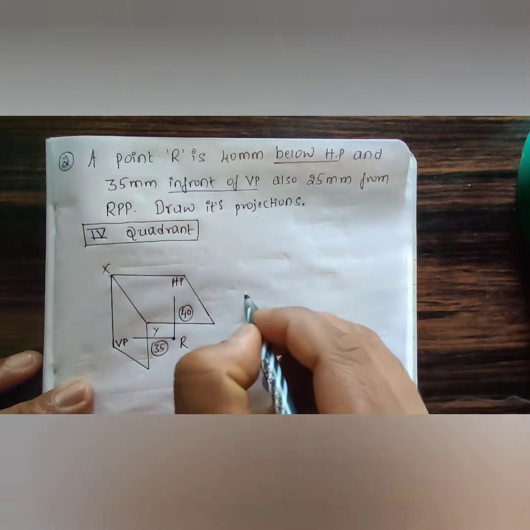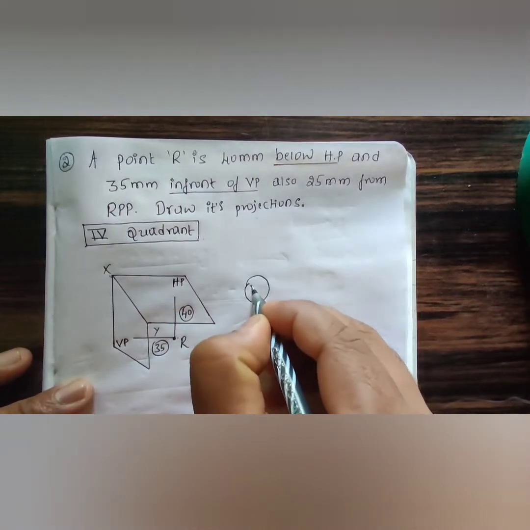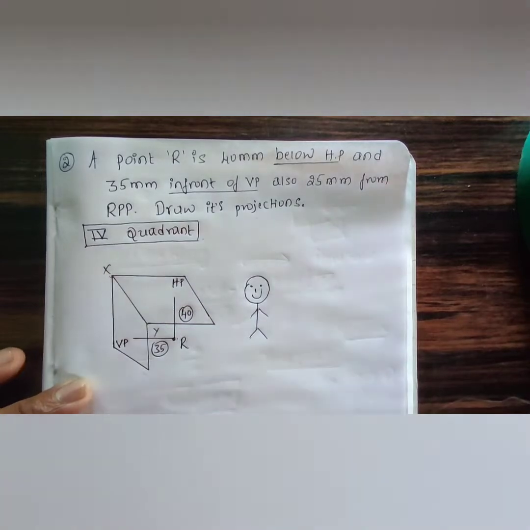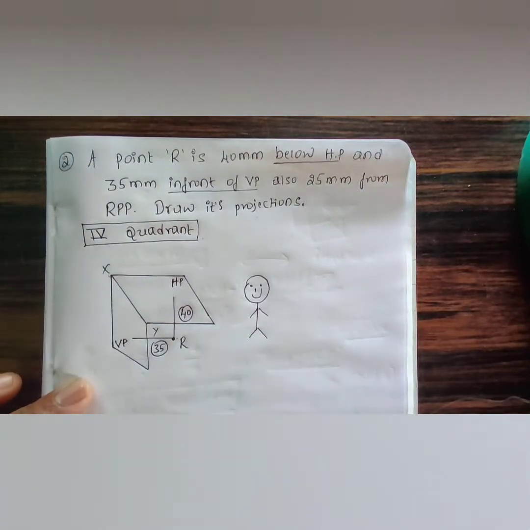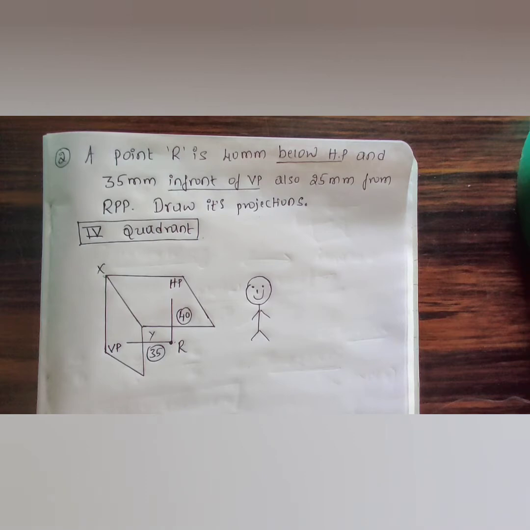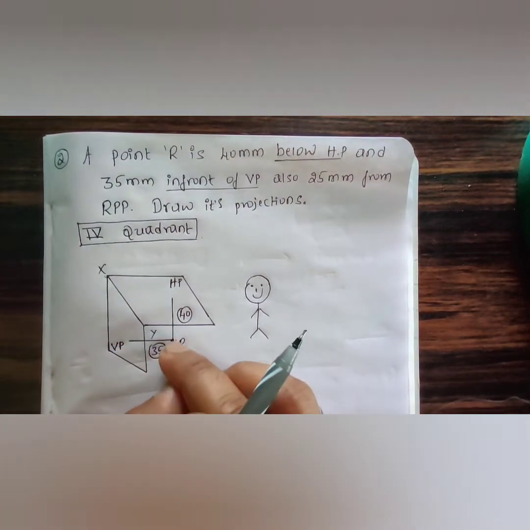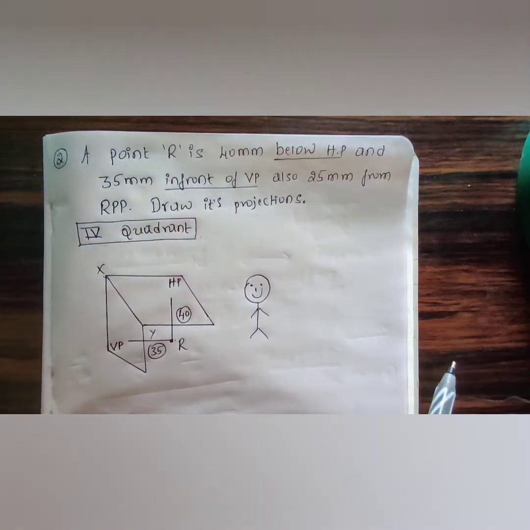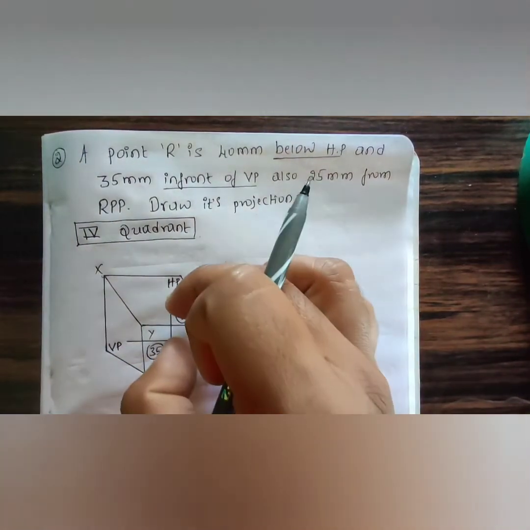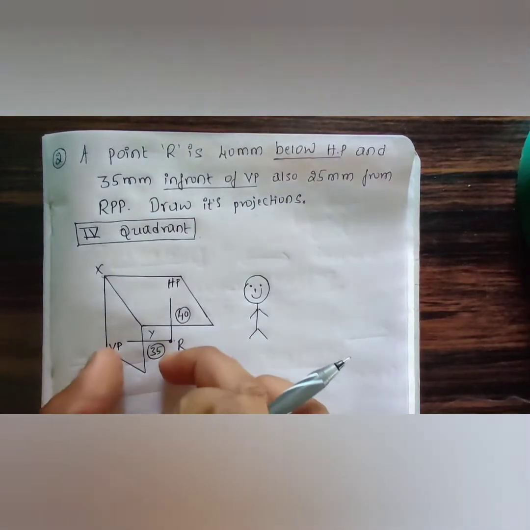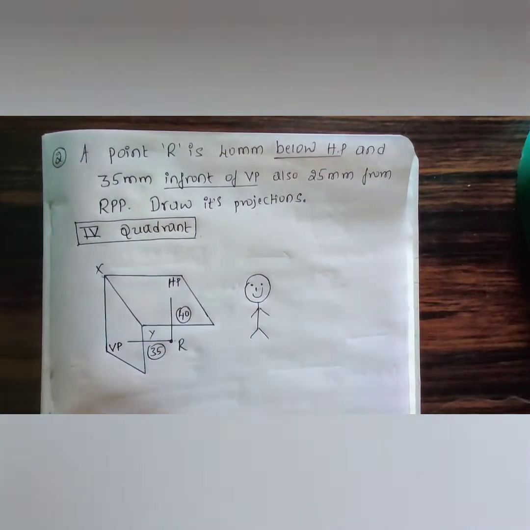Fine. So as you all know, our observer is here. His position is fixed. He will observe the point from his position. So the front view of the point will be projected on VP and the top view of the point will be projected on HP, right? Similarly, the distance 40 will be projected on VP and the distance 35 will be projected on HP, correct.